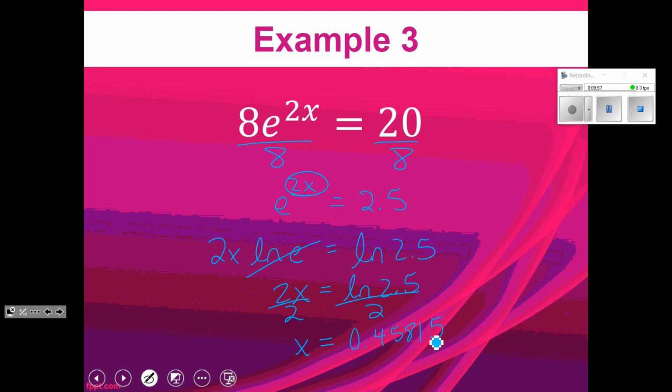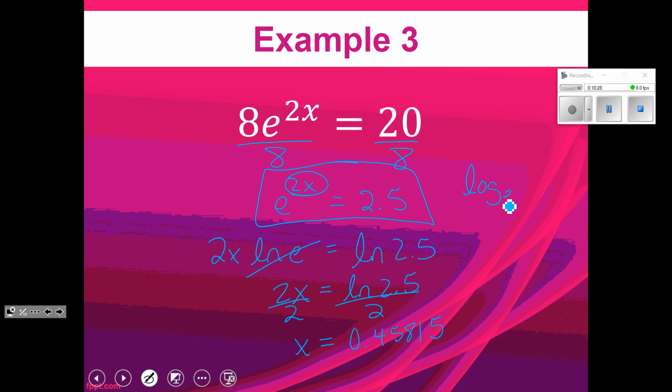Okay. Now, what would be the other way to do this problem? If you're going to take it to a log, you would still have to isolate it first. So you would take it from here.